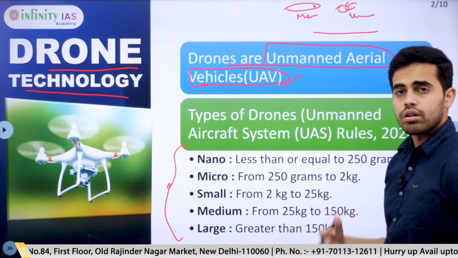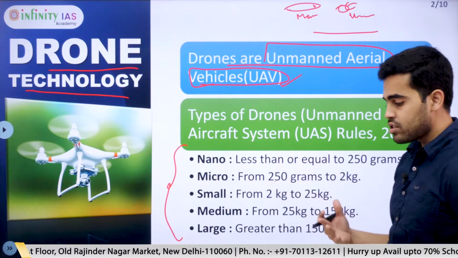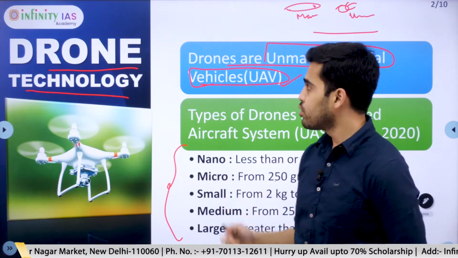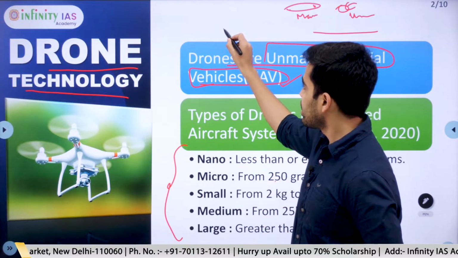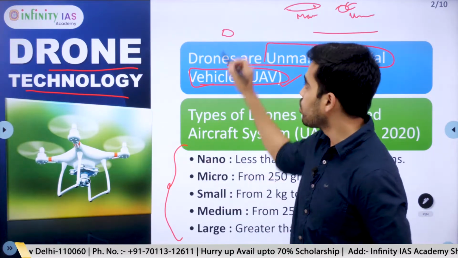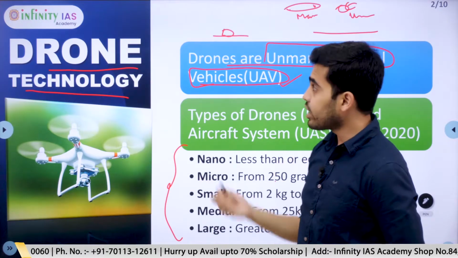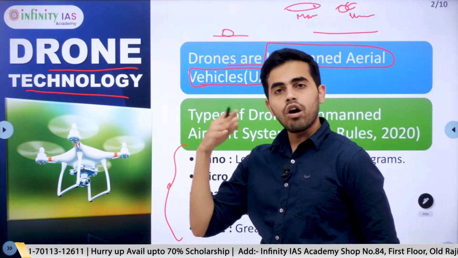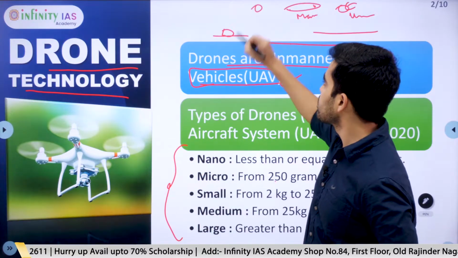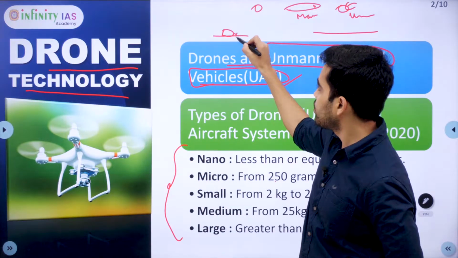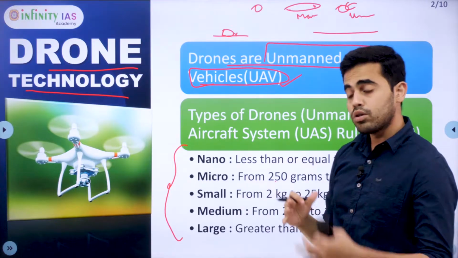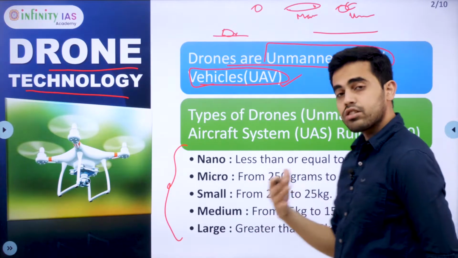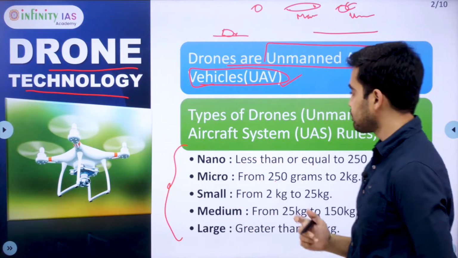We can also categorize drones based on the level of automation they have. There are drones operated by remote control on the ground, and drones that are so automated that they do their work on their own. They have sensors and are not operated by human beings on the ground. So drones can be categorized based on their weight or the level of automation they have.